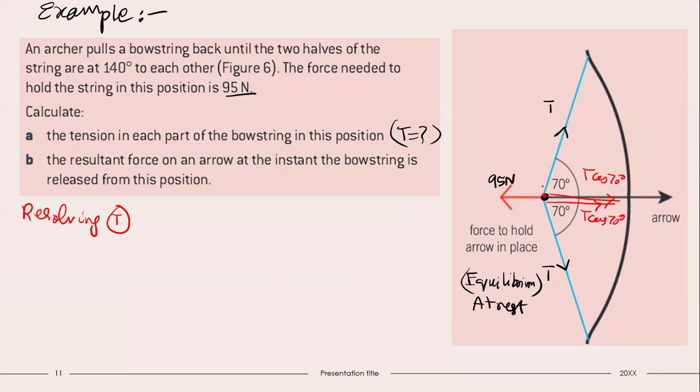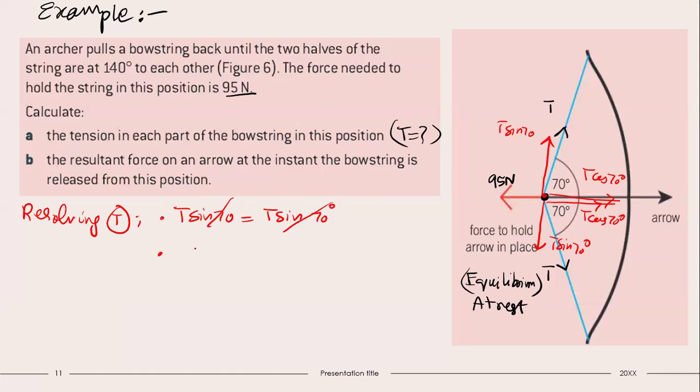And then the other component here will be T sine 70, and the downward will be T sine 70 as well. As it is in equilibrium, we can say that T sine 70, the upward force, is equal to the downward force. So this is cancelled away, and there is no vertical component.